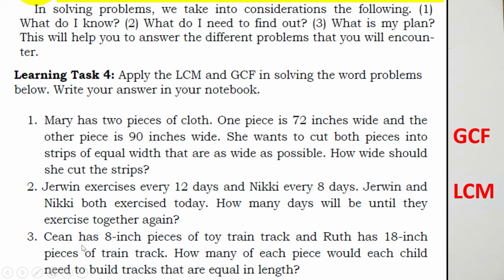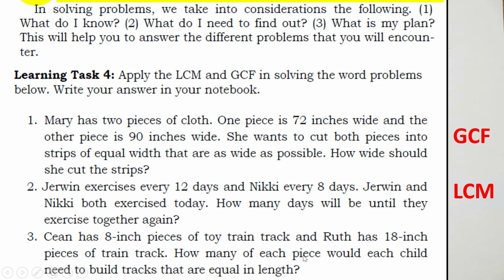Next, number 3. Sian has 8-inch pieces of toy train track and Ruth has 8-inch pieces of train track. How many pieces of each piece would each child need to build tracks that are equal in length? Okay, so we have a word clue of each and equal.